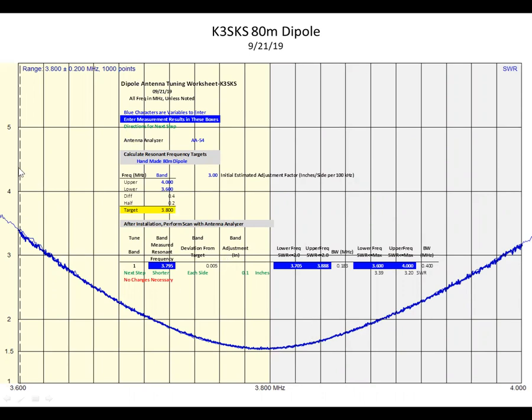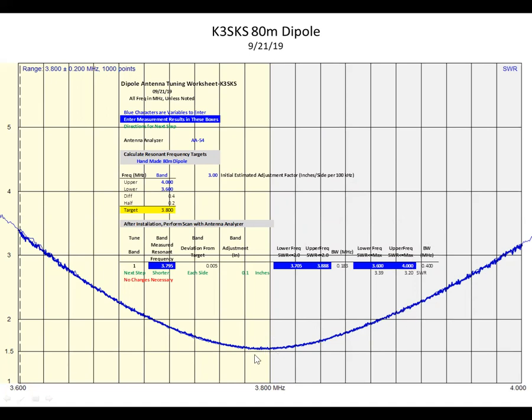But I used a similar approach to what I did on that 40-20 trap antenna, where I take the standing wave ratio measurement across the band. Here's 4.0 megahertz, and here's 3.6. This is the single sideband portion of the extra station for phone.